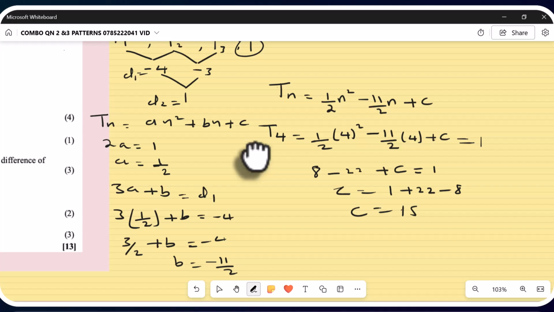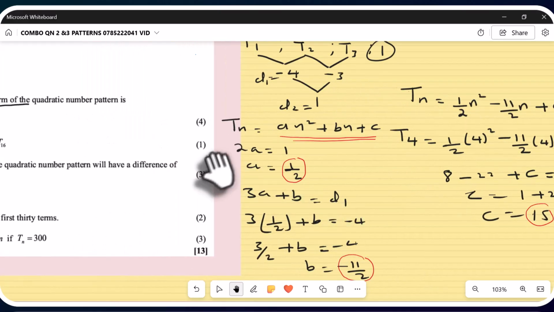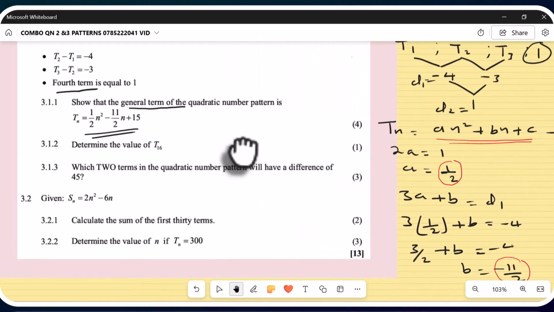So we come to this formula here and put in a, b, and c. You can see that in that case, we are getting what they want: Tn equals half n squared minus 11 over 2n plus 15. Okay, that's it. Then they say determine the value of T16. Now we know the Tn, so we substitute here.